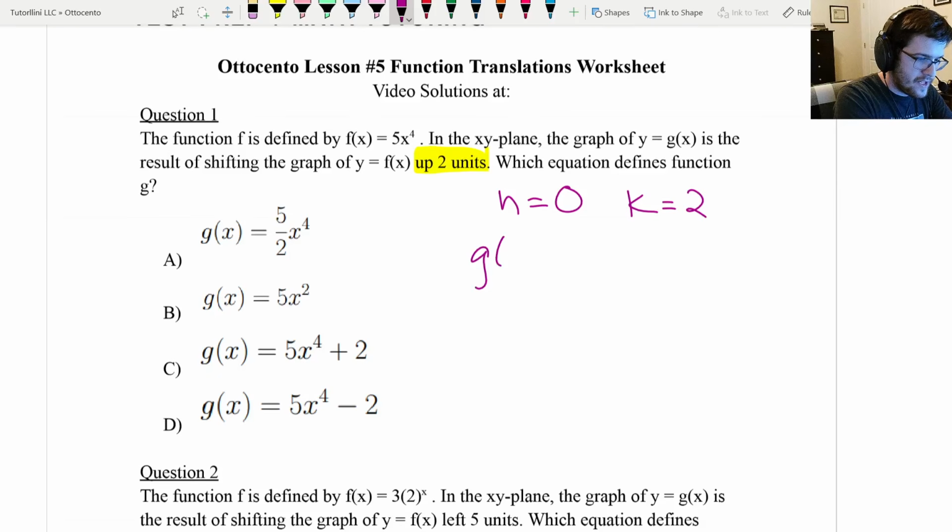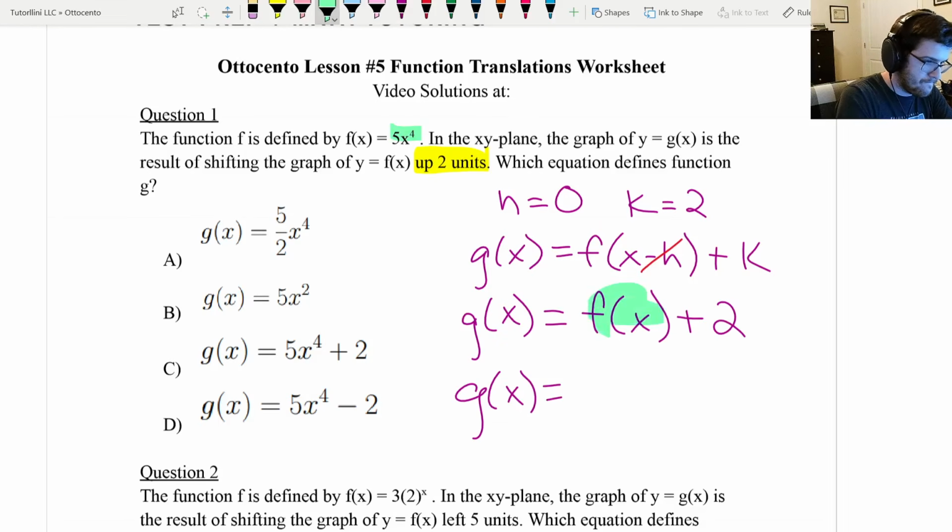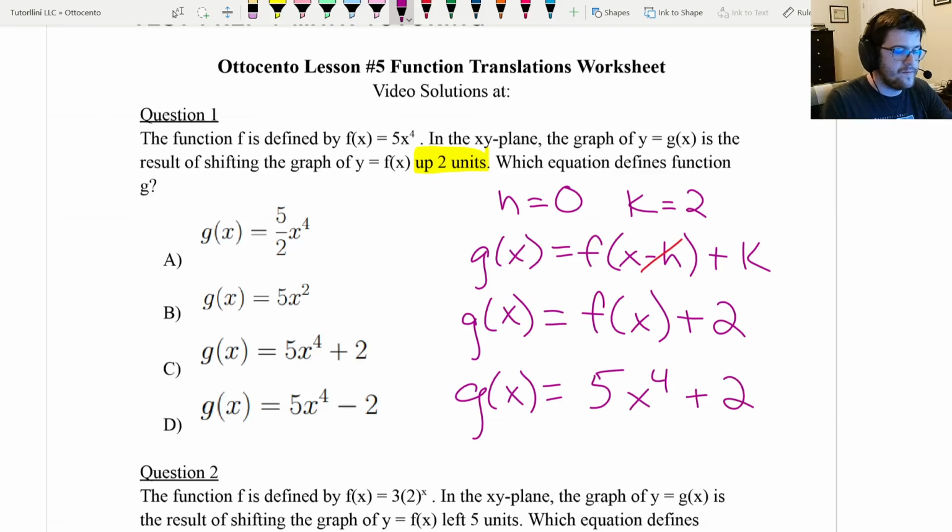So we're going to do g of x equals f of x minus h plus k. We don't have an h, so we can just ignore it. So g of x is equal to f of x plus 2. F of x is 5x to the fourth, so now we just sub that in here. And we get 5x to the fourth plus 2.